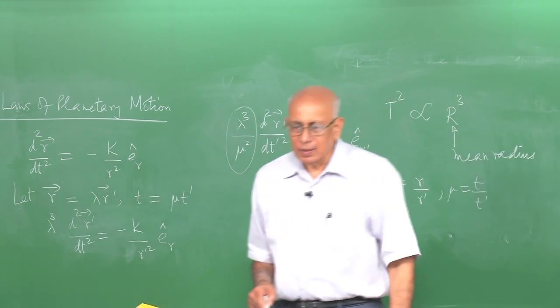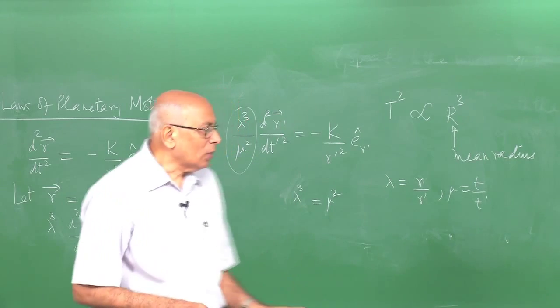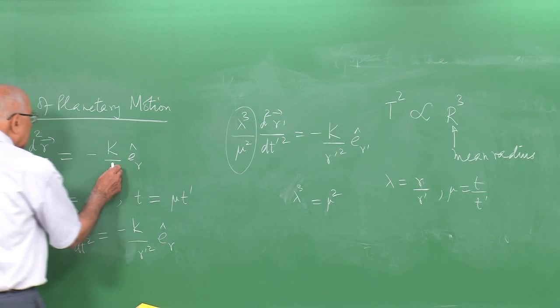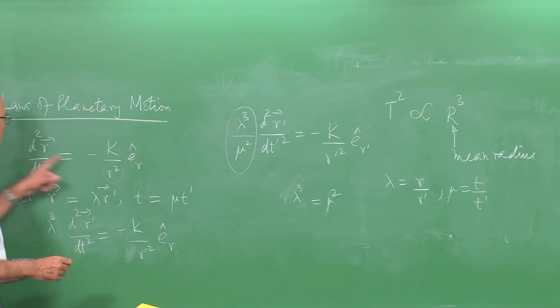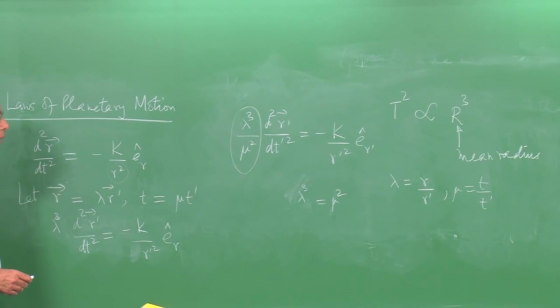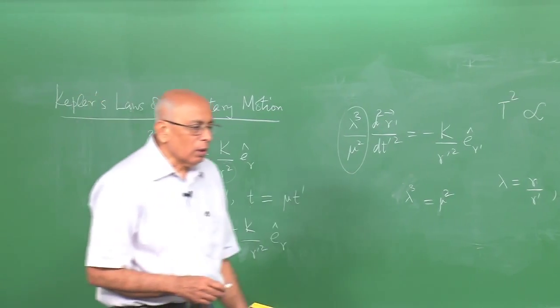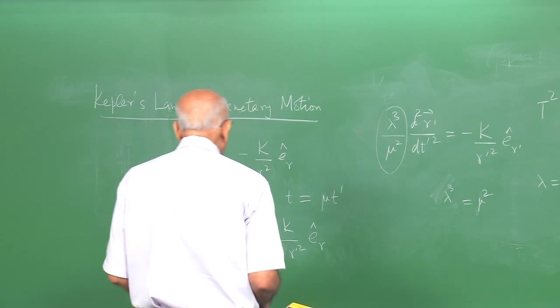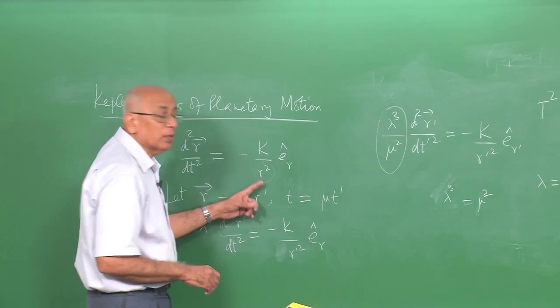And this is Kepler's third law. So Kepler's third law is very specific to this force, because we had to put a lambda squared here to bring that up here, and that's how we got this lambda cubed, which we then set equal to mu squared. Kepler's third law, if you like, is a consequence of the scaling properties of this potential, of this force.